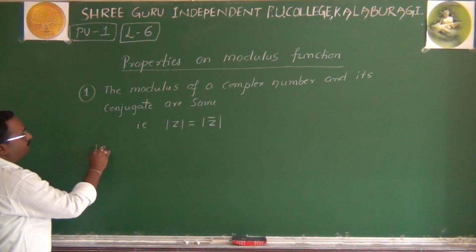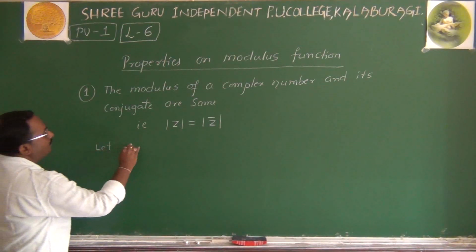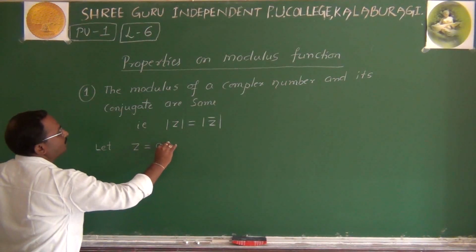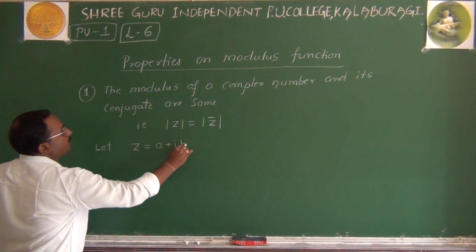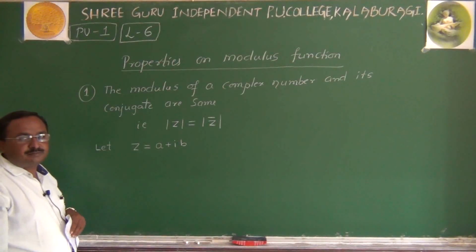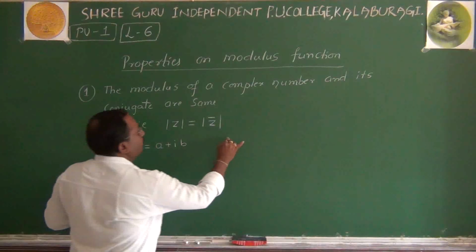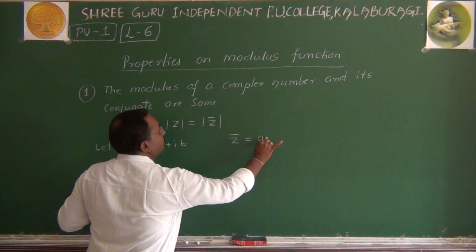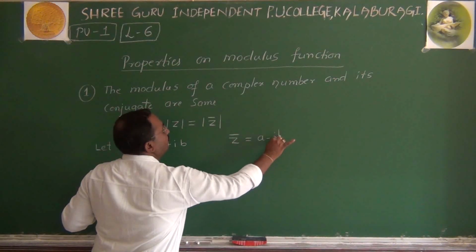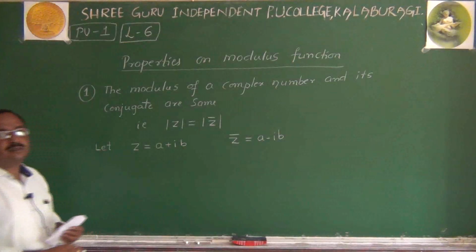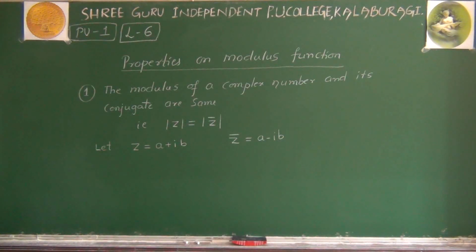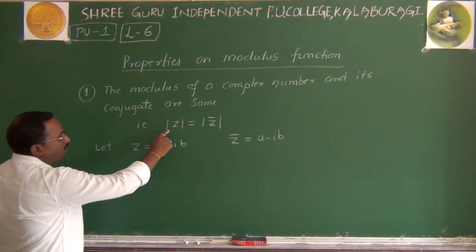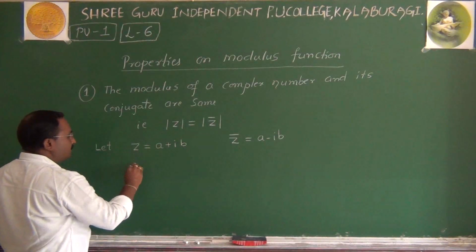Let Z equal A plus iB be a complex number, and its conjugate is A minus iB. Take modulus on both sides.